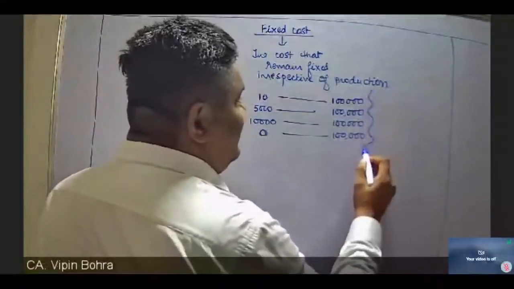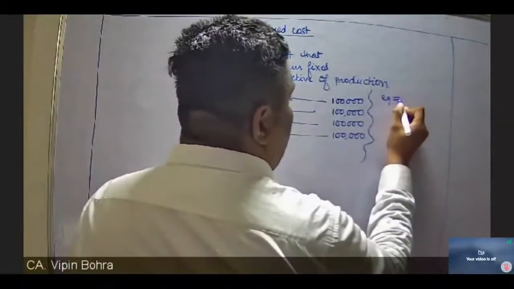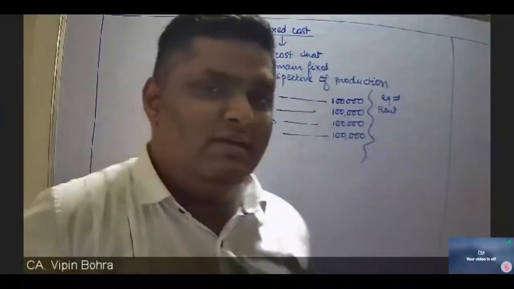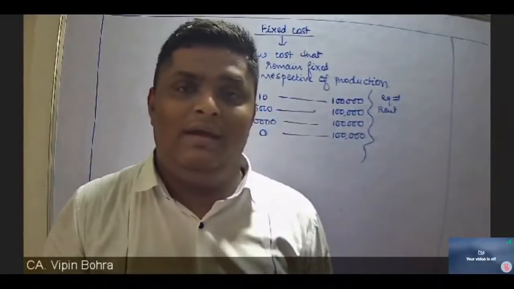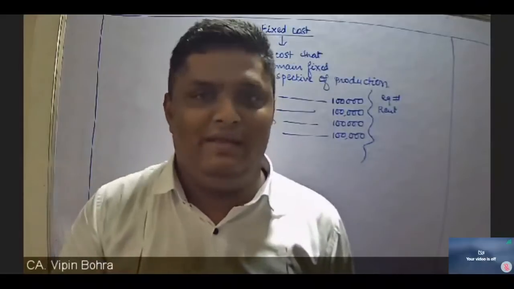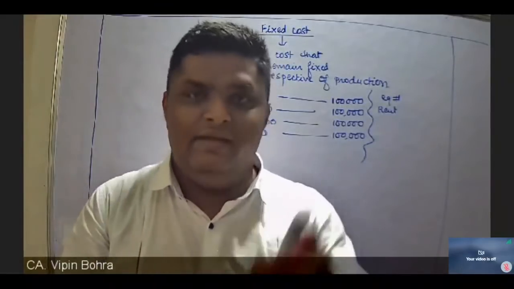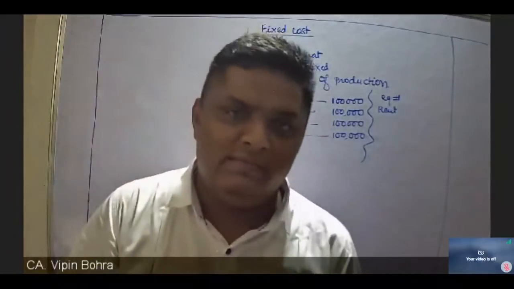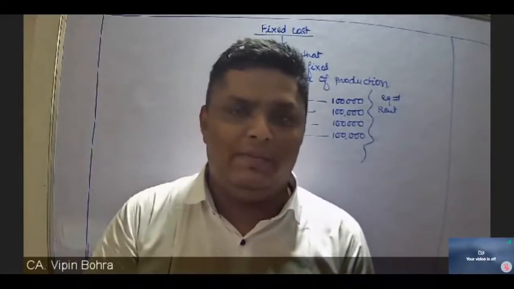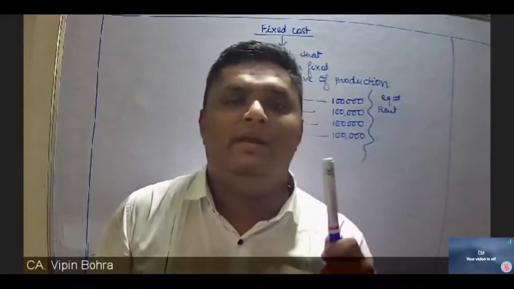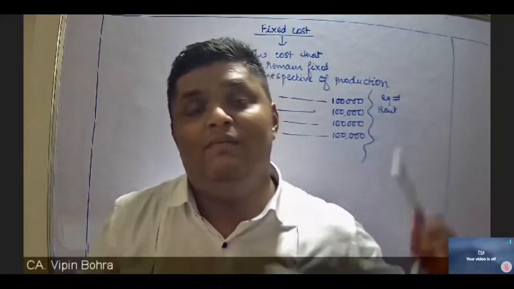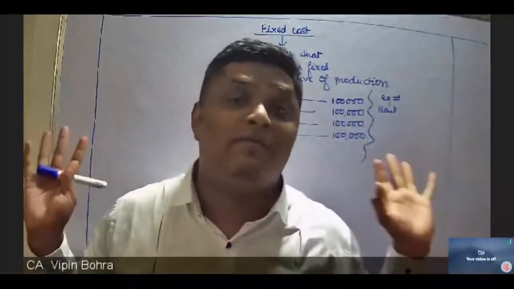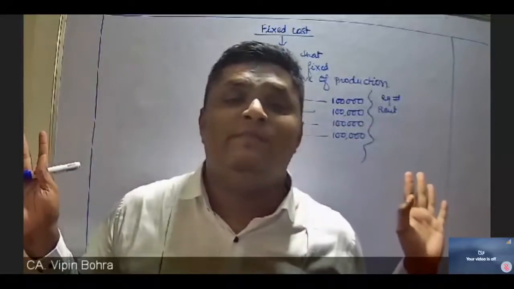Now, what are the examples of fixed cost? Best example, rent. Let's say, suppose I took a factory for manufacturing, say, these pens only. Now, the rent per month is say 1 lakh rupees. Annual rent is 12 lakh rupees. Now, whether I manufacture 1 pen, 10 pen, 20 pen, 1 lakh pen, or even if I call my friends and play cricket, boss, I have to pay rent of 12 lakh, irrespective of the numbers of pens manufactured.